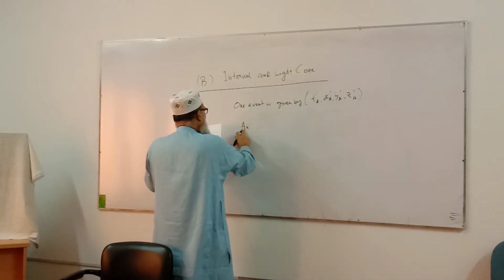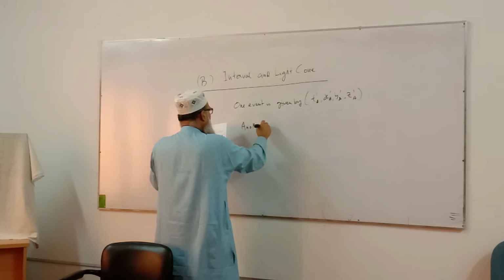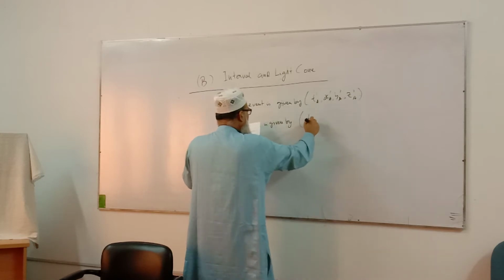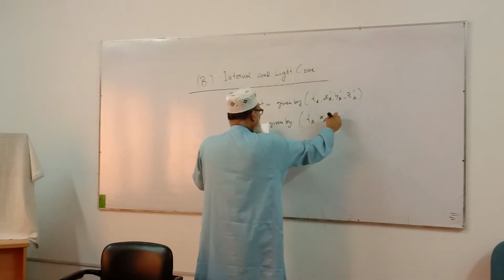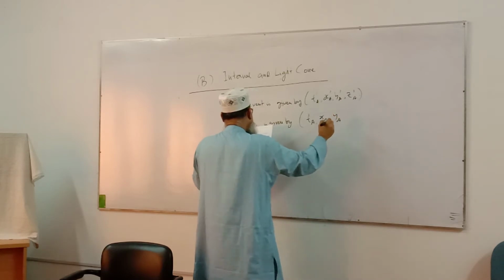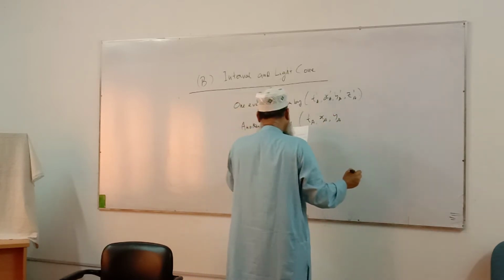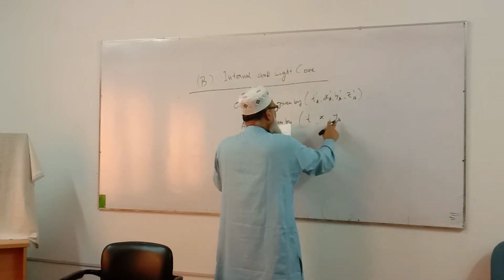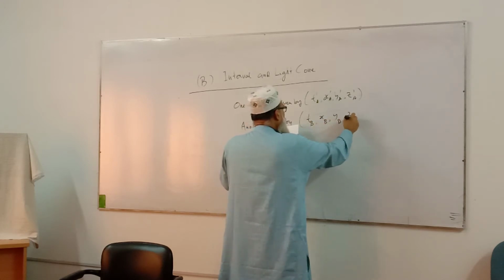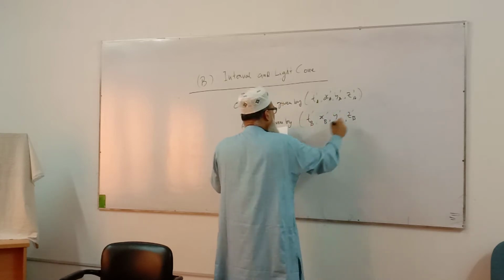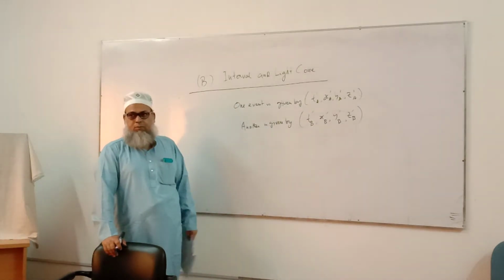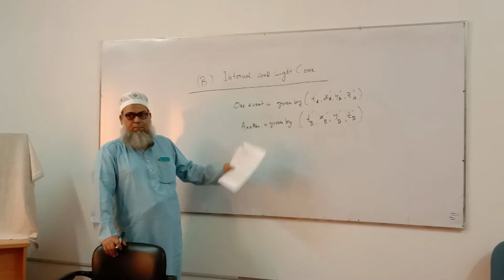Another is given by t prime b, x prime b, y prime b, z prime b. We have two events in frame S prime.